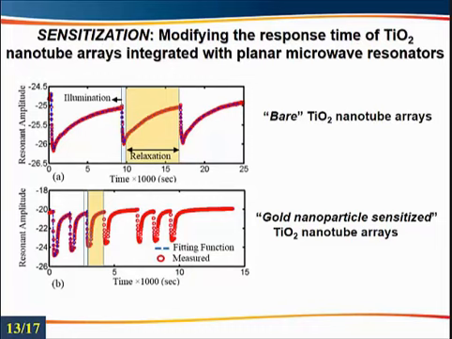But what I'm showing you in this slide is that one of the problems is that the response time is slow, but actually it's not as slow as the plots demonstrate, because you need far fewer points to extract the decay constant. Nevertheless, when you sensitize these nanotubes with gold nanoparticles, we are able to change the response time.